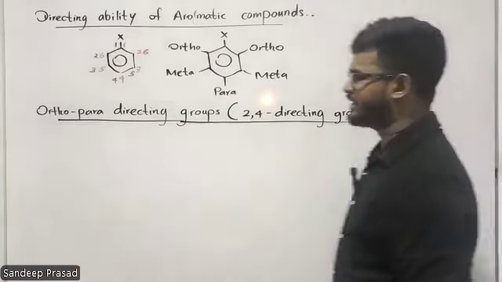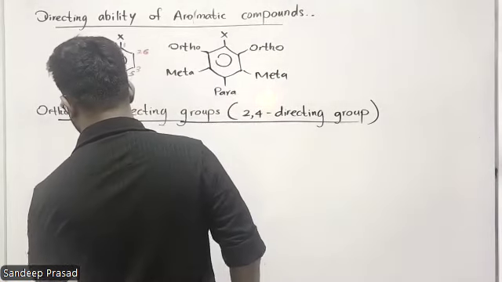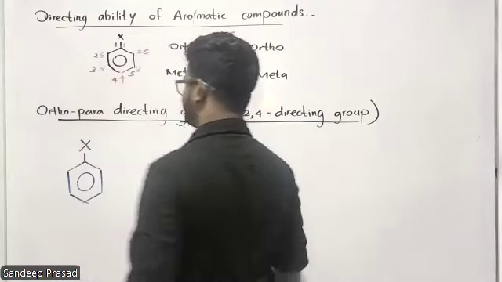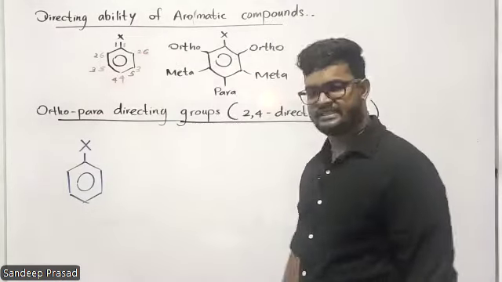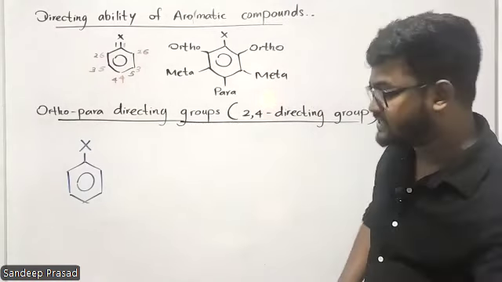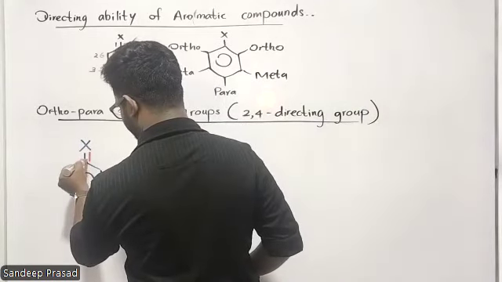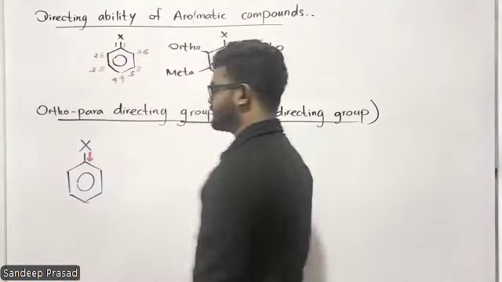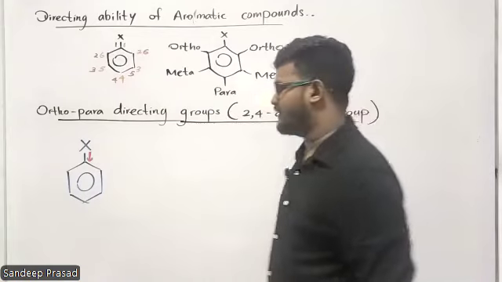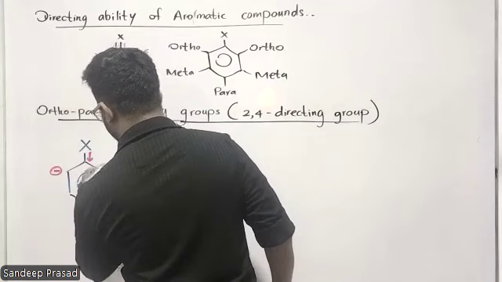Remember, ortho-para directing group means they are giving electrons to the benzene ring. Now just imagine capital X. If capital X is an ortho-para directing group, it is giving electrons to the benzene, so they are electron repulsive groups. Since they are giving electrons to the benzene ring, the ortho and para positions become negatively charged.